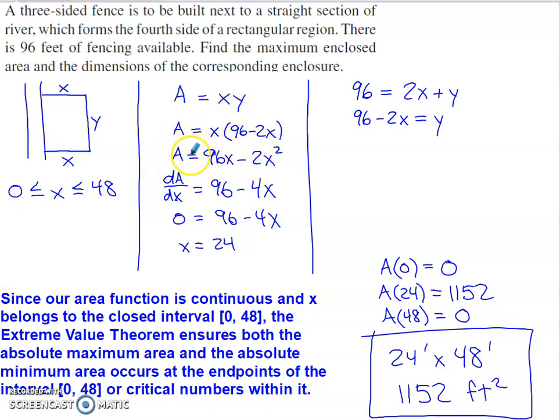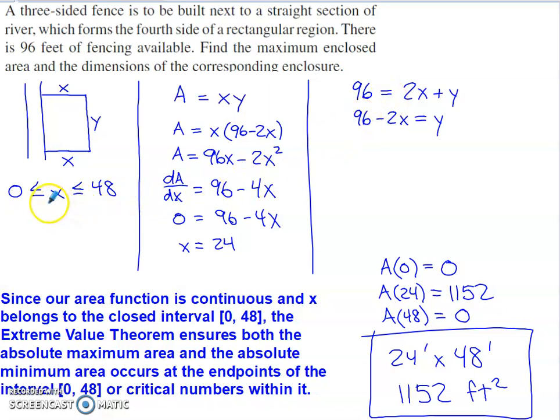Now, once your quantity that you're trying to optimize depends on a single variable, you're going to want to ask yourself a question. Is there a range of values that my variable has to sit within? In this case, we are restricted by the amount of fencing that we have access to.